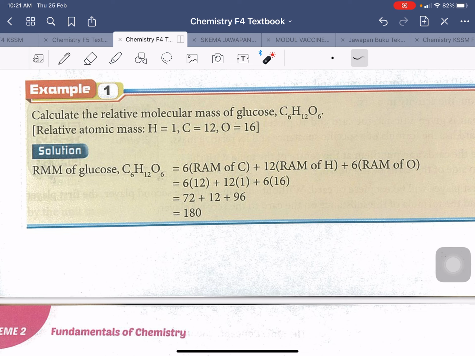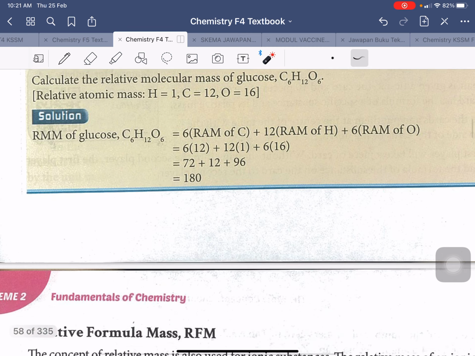And then ada 6 biji oksigen. Okay, so 6 darab dengan berapalah RAM? 16. Ingat dari mana cikgu dapat ni? All of this ada dalam muka surat 276 in your buku teks. So sudah dapat semua, tambah. Bukan darab, it's tambah. Dapatlah 180.